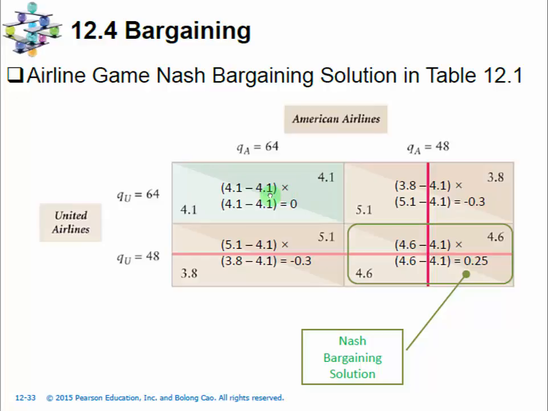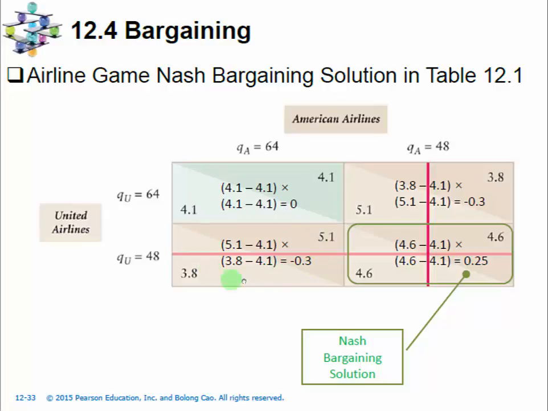What's going to happen is that we will calculate the surplus for each player for different outcomes first. So for American Airlines, if an outcome is that American Airlines produces 64 and United produces 48, the surplus for American Airlines will be 5.1 minus 4.1, the disagreement point. That will be 1. That is the surplus for American Airlines.